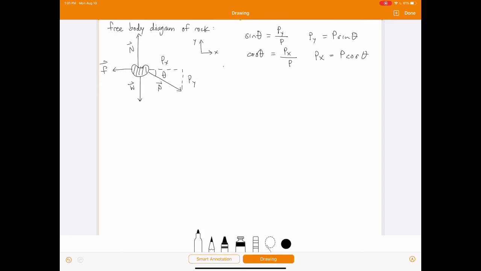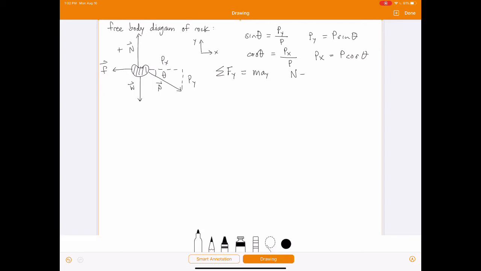Okay, what's next? Newton's second law. Again, we can apply it to the x direction and the y direction separately. How about we start with the y direction? This says that the net force in the y direction is equal to the mass times the acceleration in the y direction for this rock. We have the normal force, which is positive because it's pointing upwards.